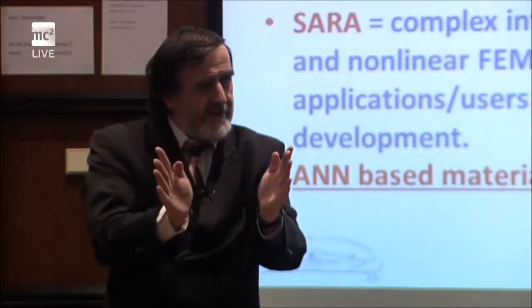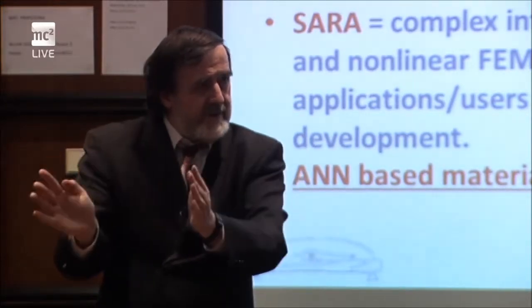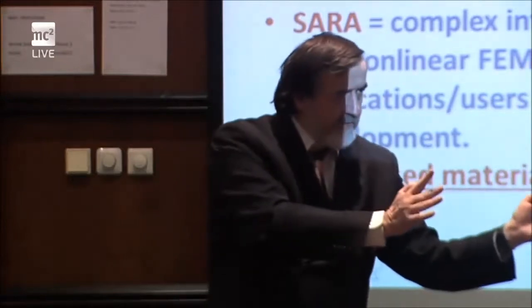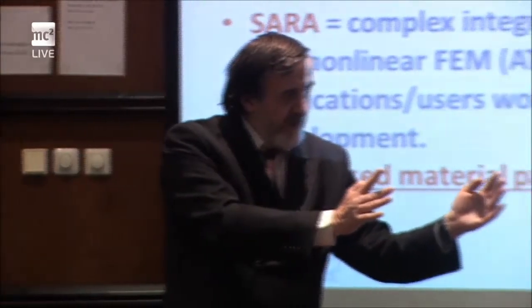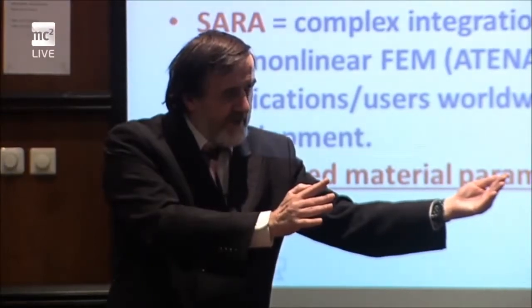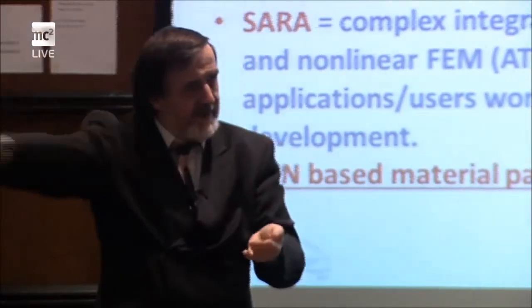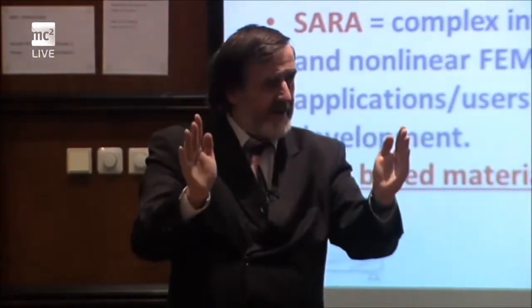On one side of the network, I have realizations of random stiffnesses. On the second side of the network, I have eigenfrequencies, eigenvalues, right? I train the network. Then I forget about finite elements. I have the network.